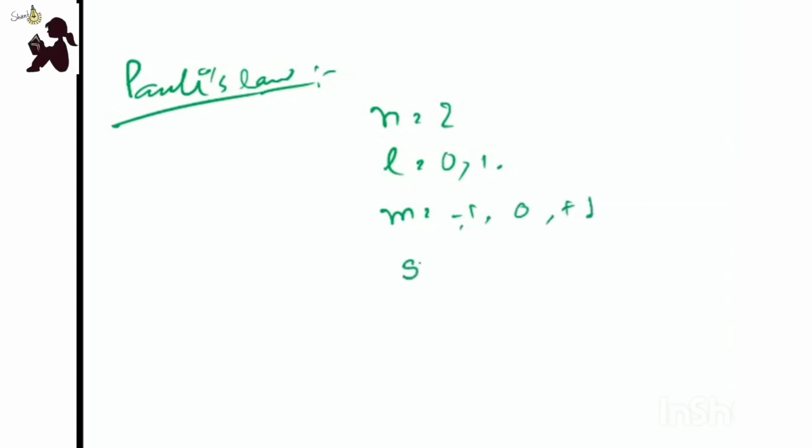And s can be plus half or minus half. So you can see that no set of quantum numbers is coming the same. If it comes 2, 1, 1, then the spin quantum number comes different. Or if 2, 1 comes, then plus 1 will be cut, so it will be anything from minus 1 to 0. So it is our Pauli's law.